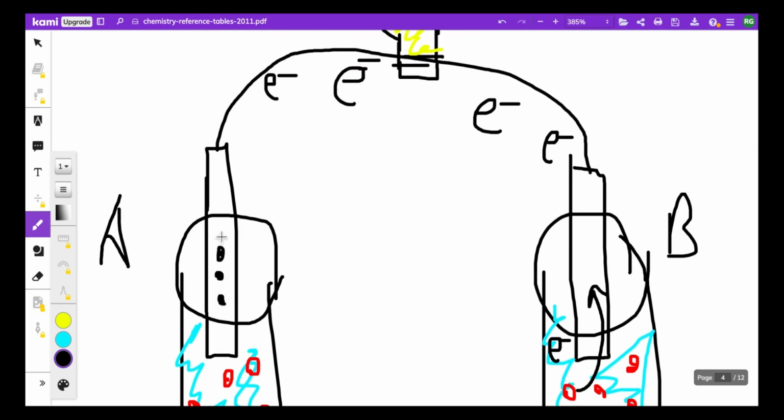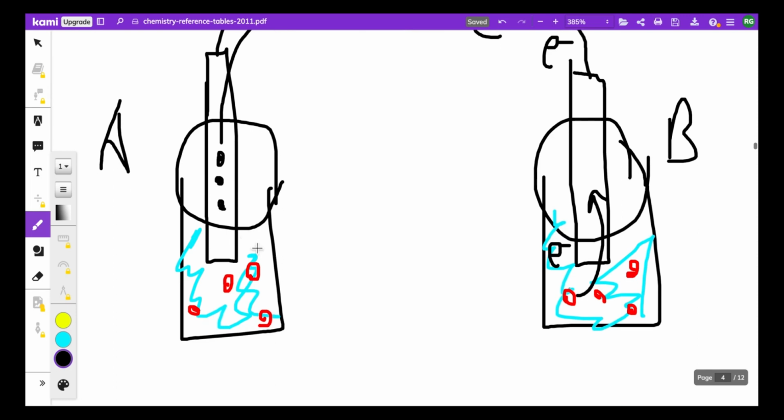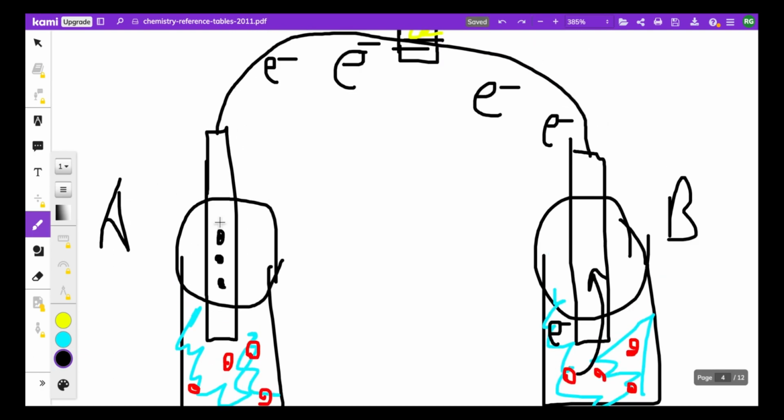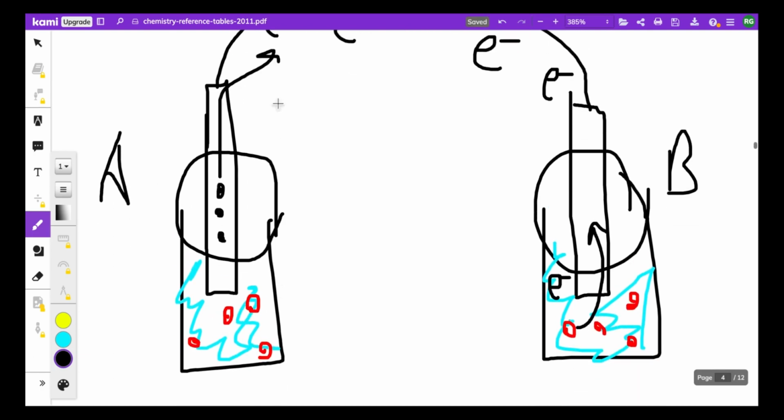If a metal atom gives away an electron, it's not a metal atom anymore. It's a metal ion. And these ions are going to dissolve in the water, okay? So I'm just going to be clear about this. Solid metal isn't going to dissolve in water.